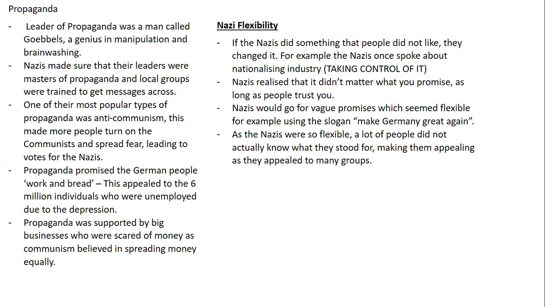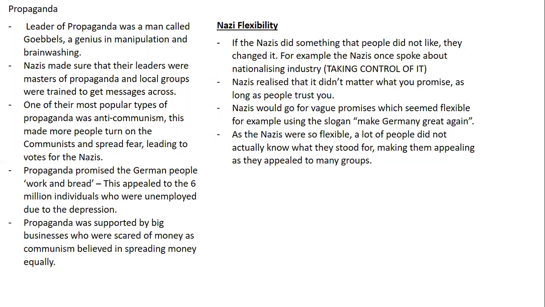Now, the Nazis, as time went on, realized, especially during the Depression, that it didn't actually matter what you promise as long as people trust you, which led to the Nazis promoting vague sayings such as work and bread, and also make Germany great again. There were no specifics within their promises, which showed that they could get away with maybe not fully delivering at times, because the people didn't actually know what it meant to make Germany great again.